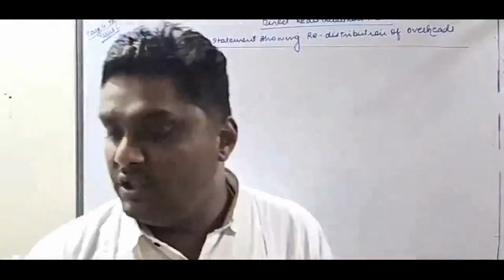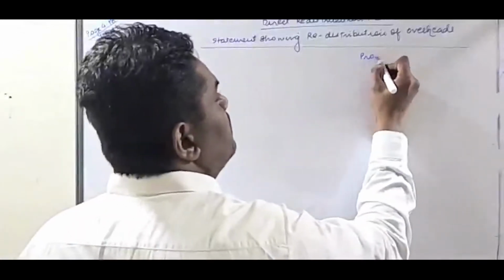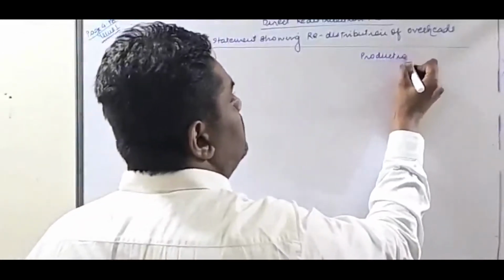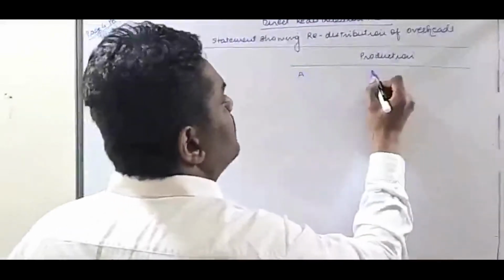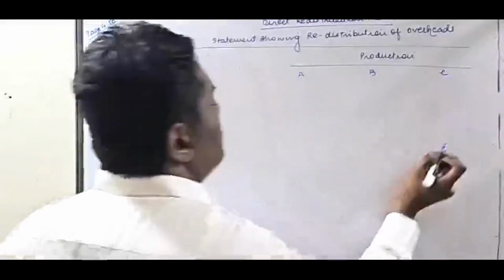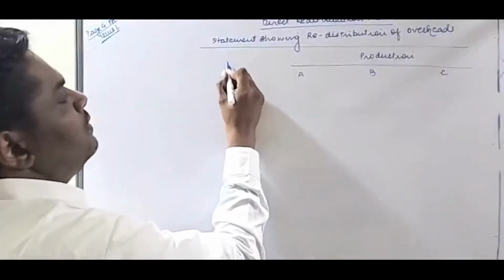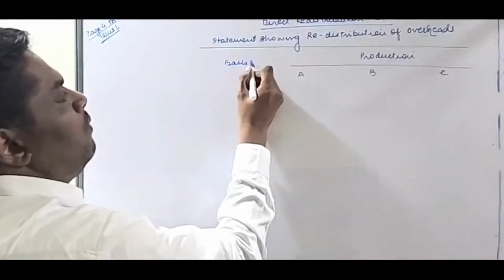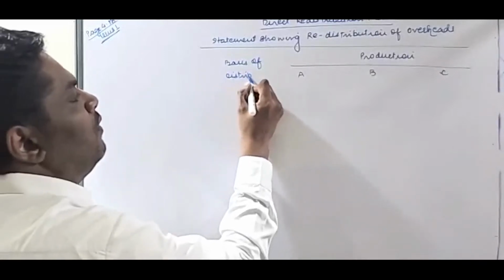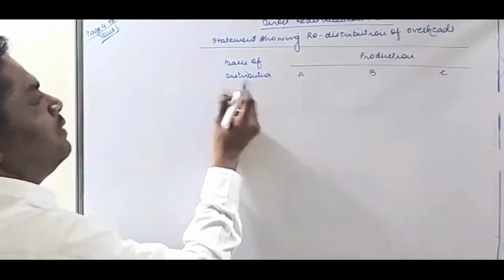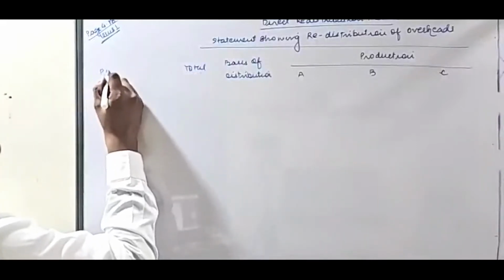So there are 3 production departments, that is A, B, and C. Basis of distribution. Total and particulars.